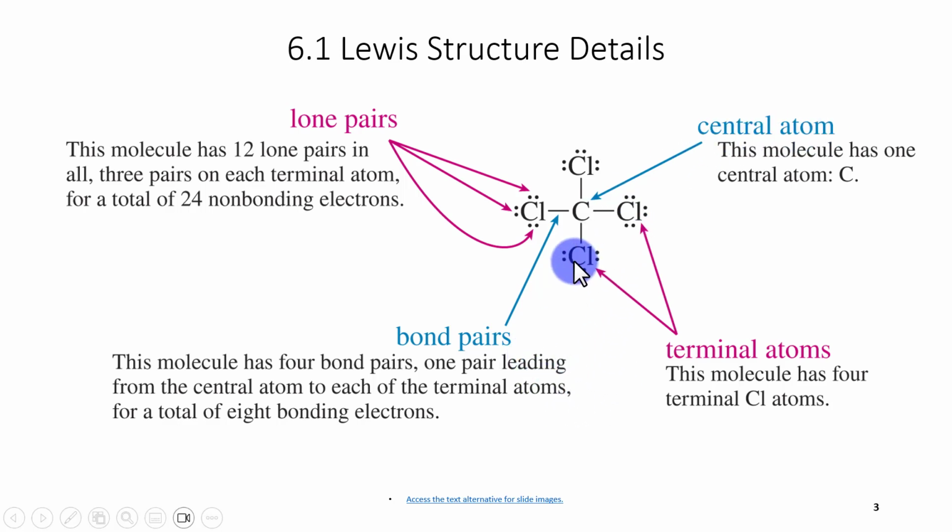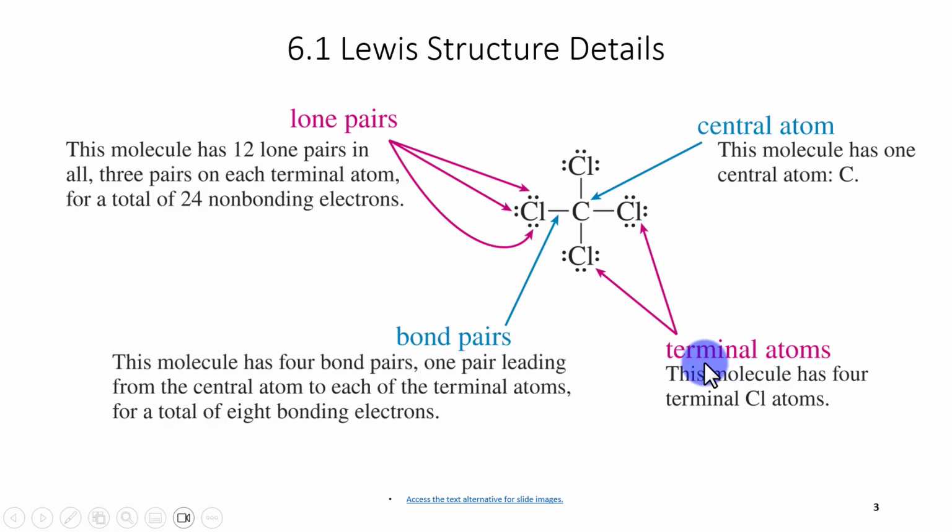On the other hand, the other atoms that are bonded to the central atom are called terminal atoms. Terminal meaning at the end. Typically, and this is only typically, halogens, so group 7 atoms, and hydrogens are going to be terminal atoms.